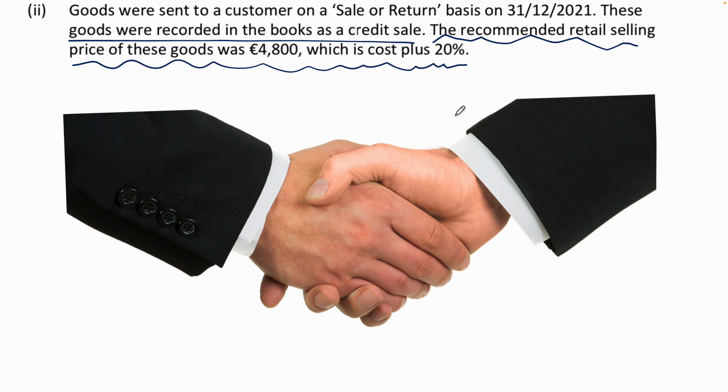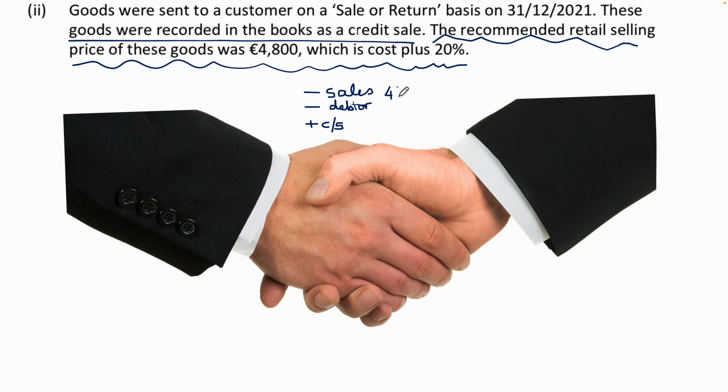It's phrased a little bit differently than we'd usually see it, but what we're going to have to do is minus the selling price from sales, right, minus the selling price from debtors, and then we're going to have to add the cost price back to closing stock, right? So add the cost price back to closing stock. So that information is important here. 4,800 is the recommended retail selling price.